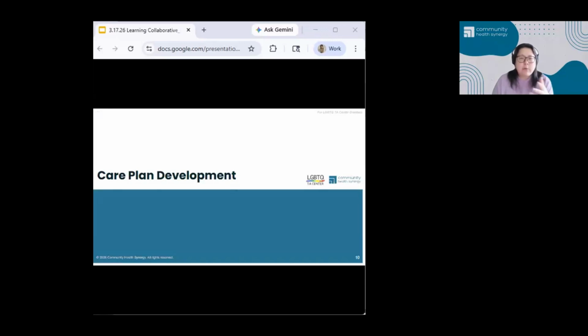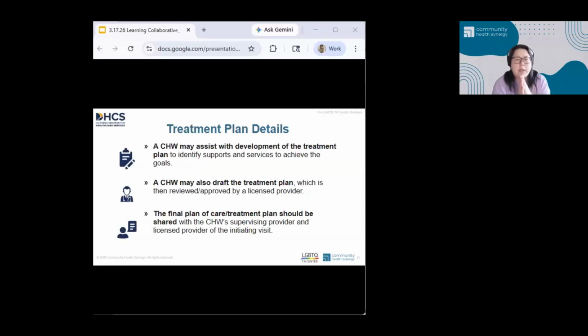Let's talk a little bit about what's entailed in developing a care plan. You can ask yourselves what you and your teams already have in place to develop a care plan for a client. To lay this out briefly, the CHW can draft the treatment plan, working closest with the member. This can be ideal because the licensed provider may not have the time to articulate the treatment plan.